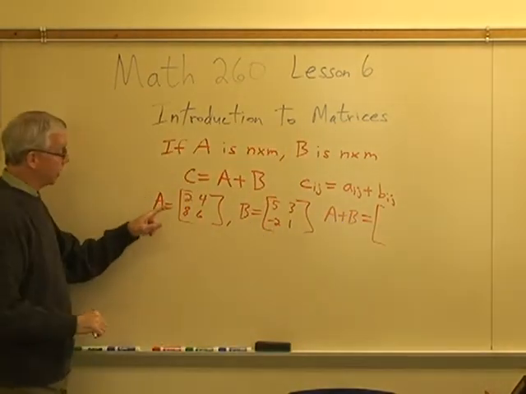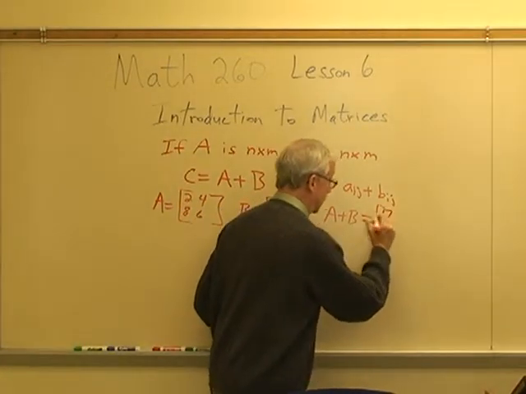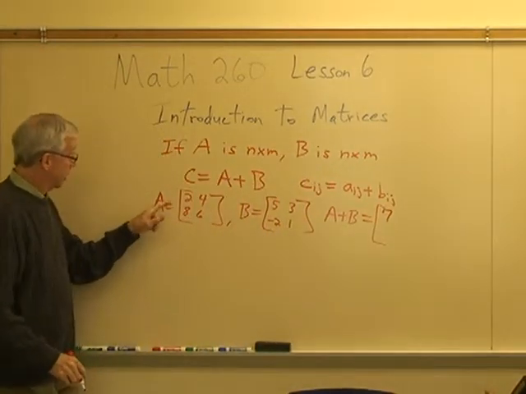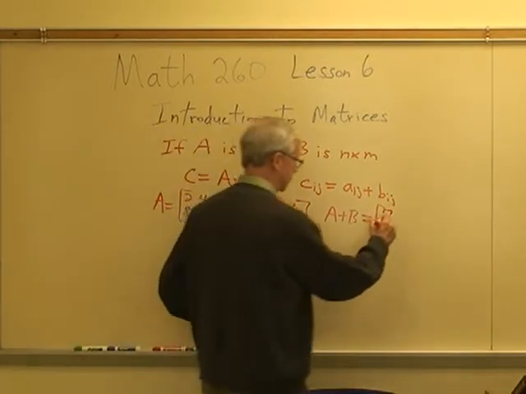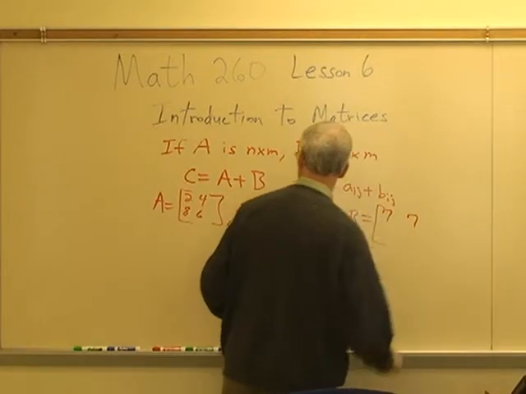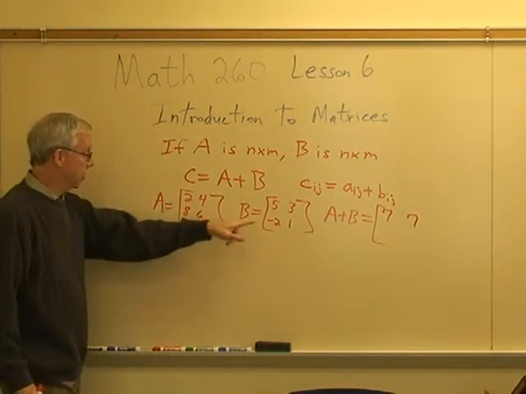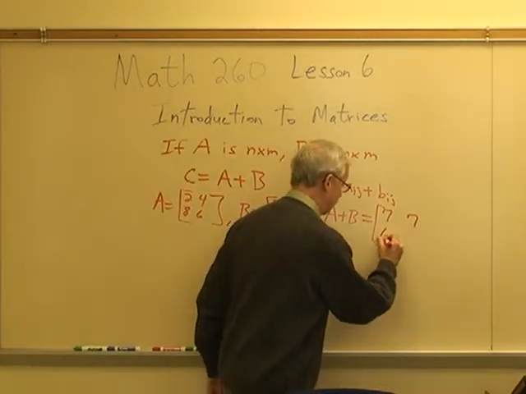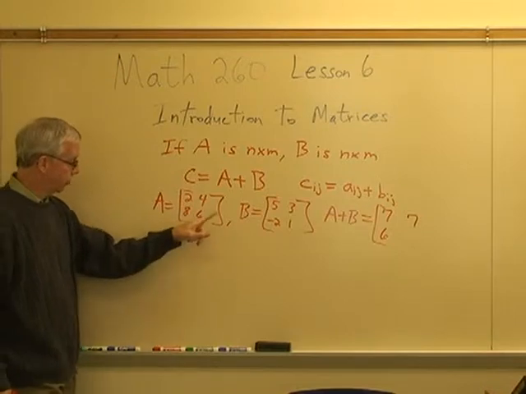The first element in the matrix at position 1, 1 is 2 plus 5. The element at position 1, 2 is 4 plus 3. The element at position 2, 1 is 8 plus negative 2. And the last element at position 2, 2 is 6 plus 1.